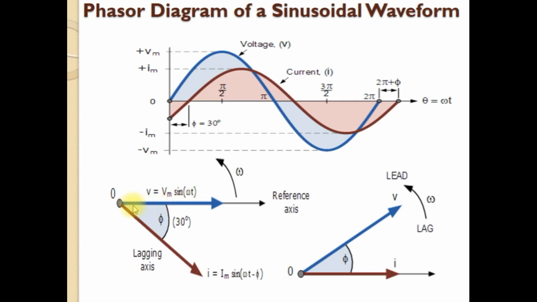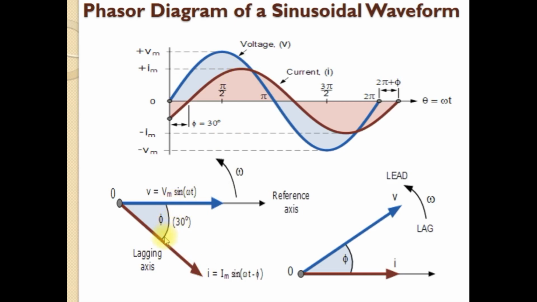That means the length of this vector will be proportional to the maximum value of this voltage signal. Now if you consider the phasor corresponding to this waveform, its length will be proportional to the maximum value of this sinusoidal waveform. And here it is not drawn to scale.